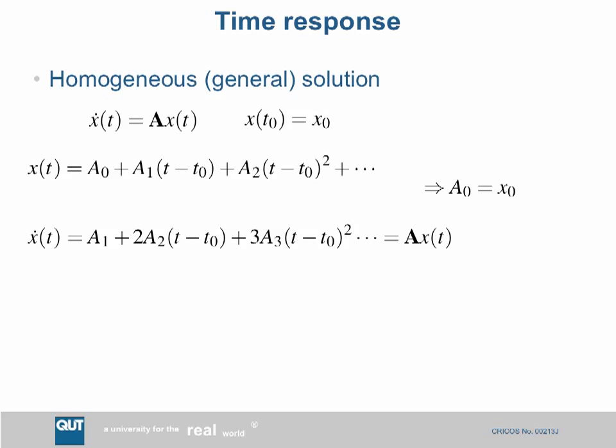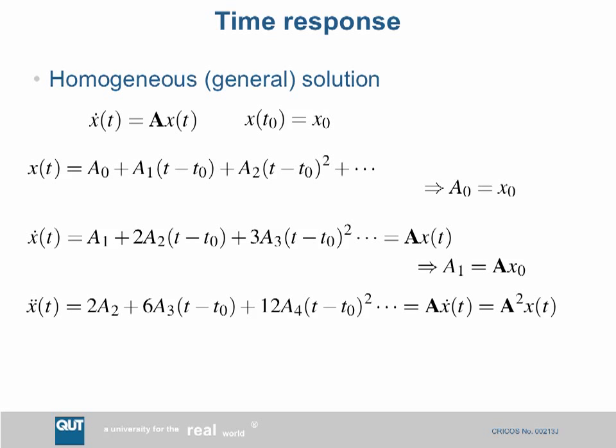And I keep doing this trick. Now I take the second derivative of the Taylor series, and I know that that's equal to x double dot. Going up to the top there, x double dot is equal to A times x dot. We know that x dot is equal to Ax, so therefore x double dot is equal to A squared x. And I solve for another coefficient, a2.